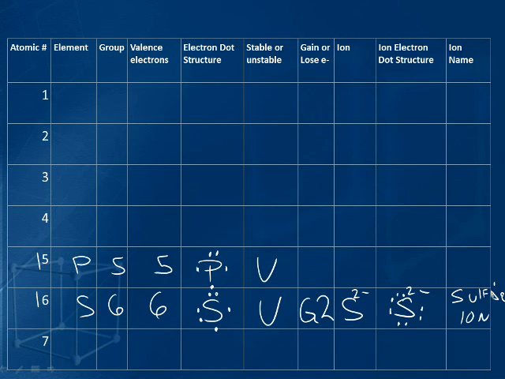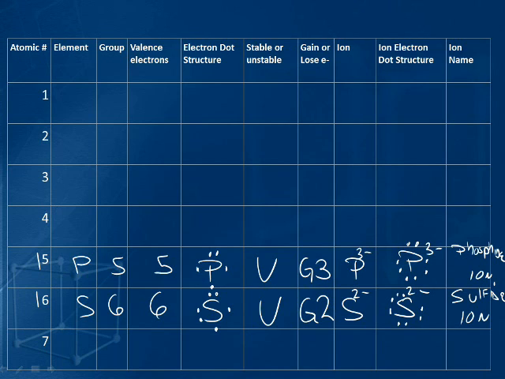Unstable. Gain or lose electrons? It will gain 3. The ion is going to be P3 minus, dot structure 3 minus, and this is going to be the phosphide ion.